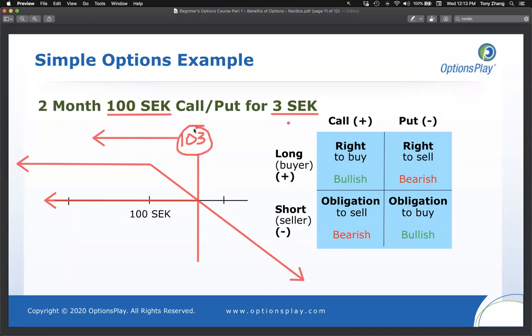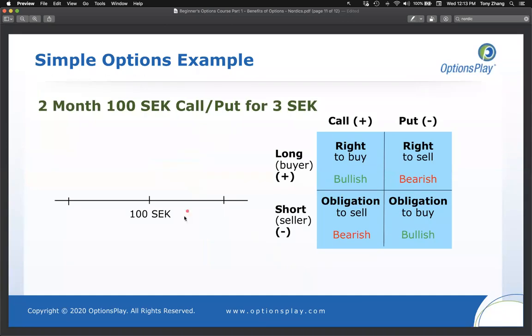And then I can ask myself, do I think this stock will be below that price at expiration? If I think it's going to be below that price, guess what? I'm probably going to sell them that call. If I think it's going to be significantly lower than that price, then what we're going to do is look at the next one, which is buying a put option. Okay, so I see a lot of 4s, which is perfect.